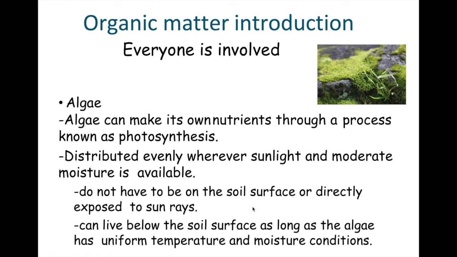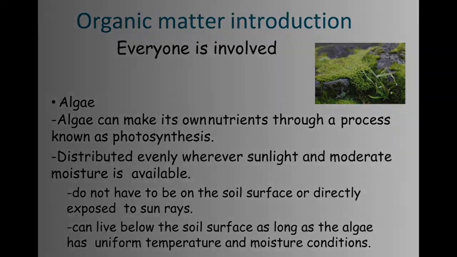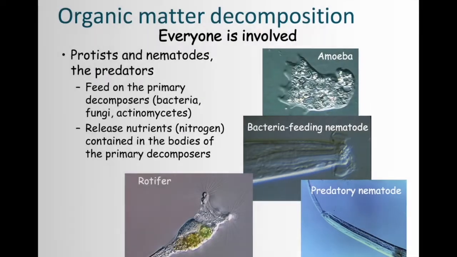And this algae can live on the soil surface with or without exposure to sun rays, and they can also live below the soil surface as long as the algae has uniform temperature and moisture conditions. That's the most important information about algae present in soil.